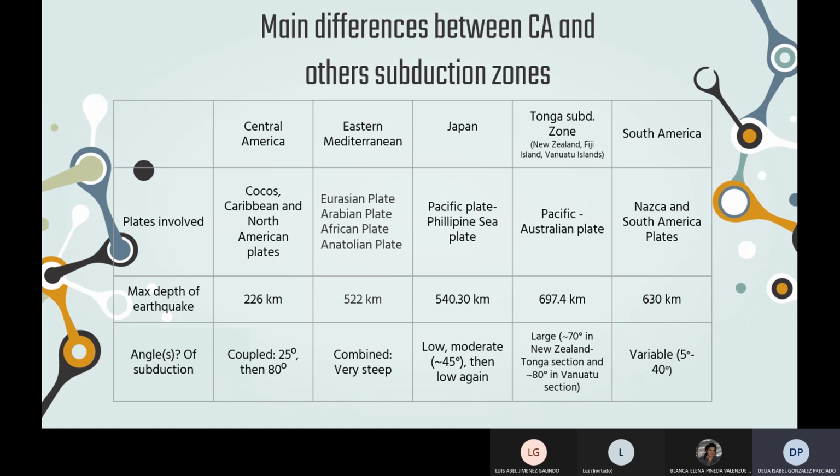Also, we have the Pacific and Australian plates, and even the Nazca and South American plates. The other difference we found was the max depth of the earthquakes. For example, in Central America, we have around 226 kilometers, and in the other subduction zones, we have from 500 kilometers to almost 700 kilometers.